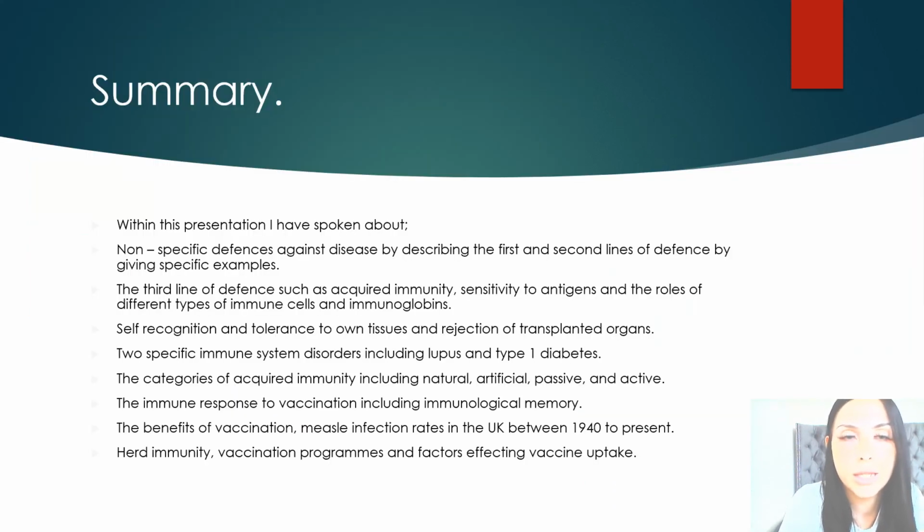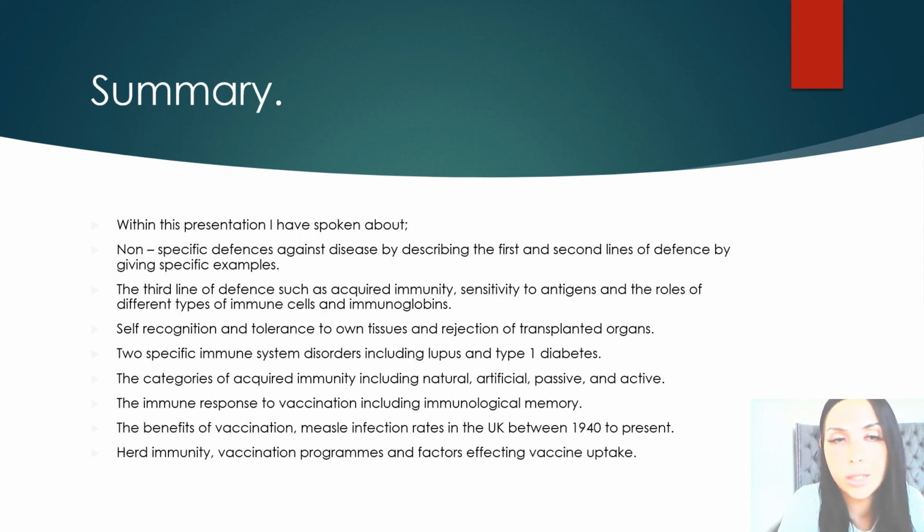So within this presentation, I have spoken about non-specific defences against disease by describing the first and second lines of defence by giving specific examples. The third line of defence, such as acquired immunity, sensitivity to antigens and the roles of different types of immune cells and immunoglobulins.